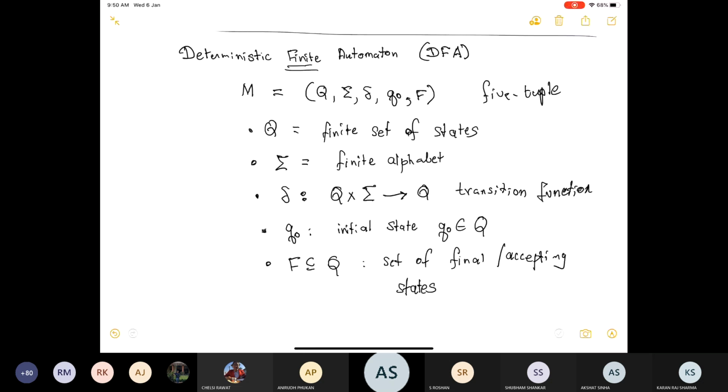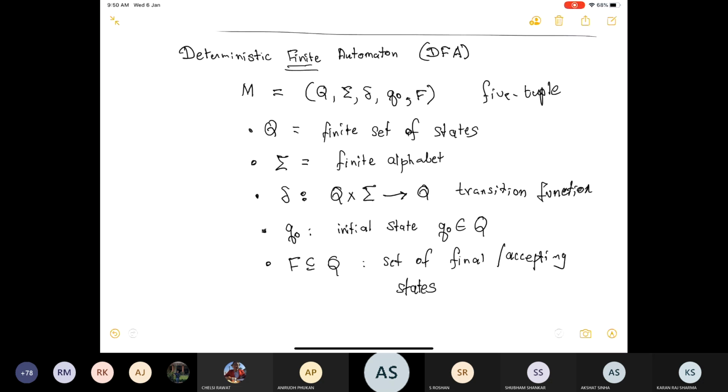So this is a deterministic finite automata. There's a set of states. There's a finite alphabet, which is often called the input alphabet. There's a transition function. There is an initial state. And there's a set of final states. So these are the components of a machine.